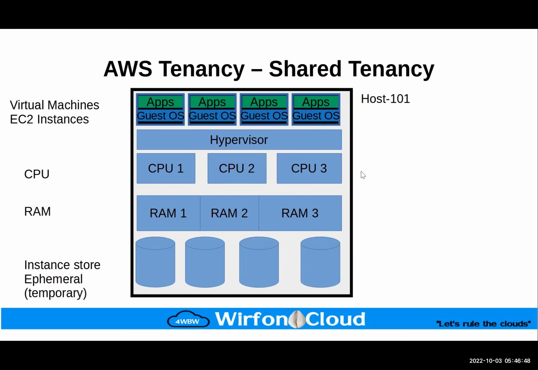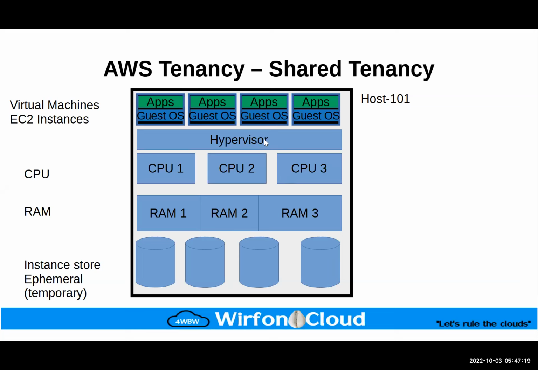So here is how it looks. Sorry, I even forgot I had this. You have virtual machines, which are EC2s. You have the instance store, which is the storage that comes with the EC2. You have the random access memory, then your CPU, the central processing unit, and then the guest operating systems sitting on this hypervisor.